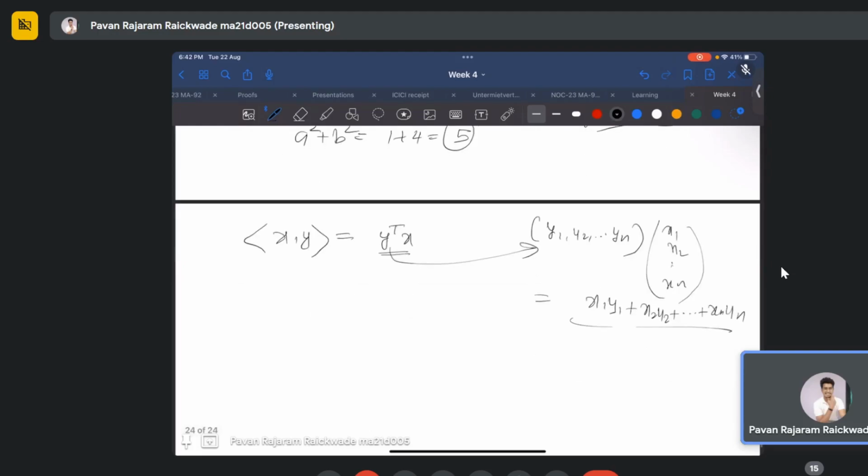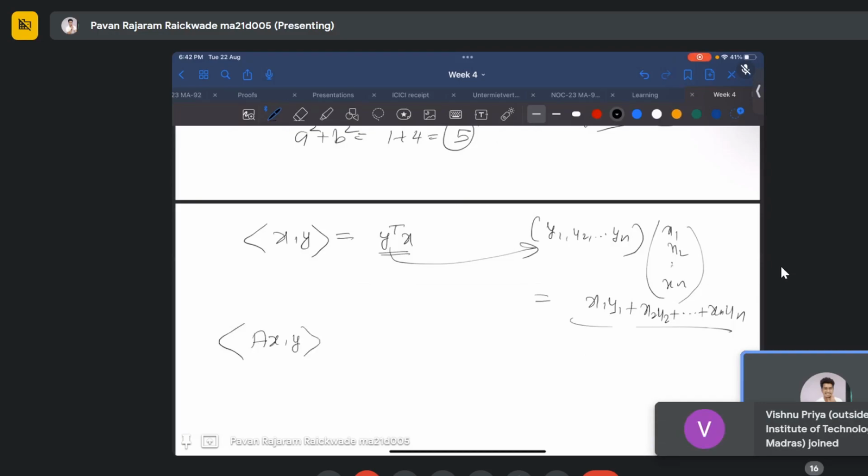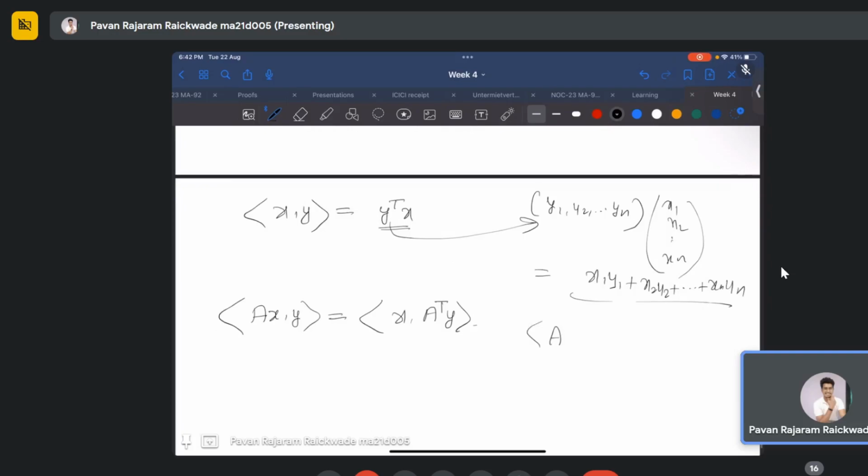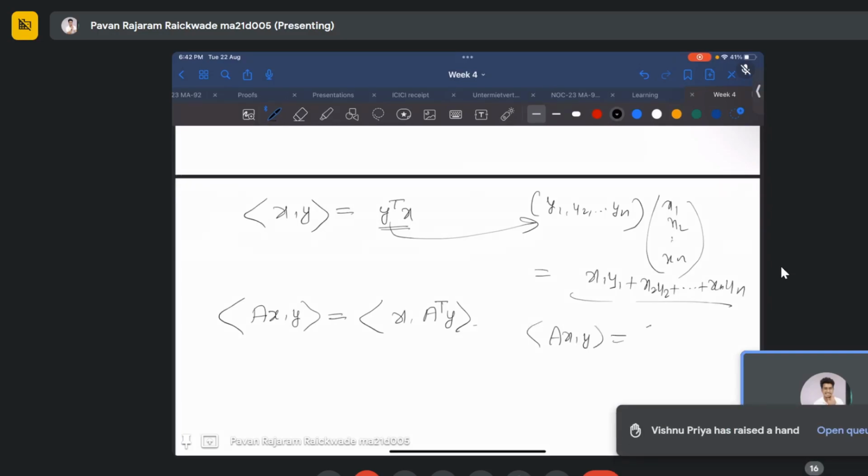Now, why transposes are important because you get this equality. Inner product of Ax with y is same as inner product of x with A transpose y. Okay, and when you go for adjoints, in real case, adjoint is same as A transpose. You have this equation: inner product of Ax with y is same as inner product of x with A star y. Or maybe in this course, he represents it as AH, something conjugate transpose.